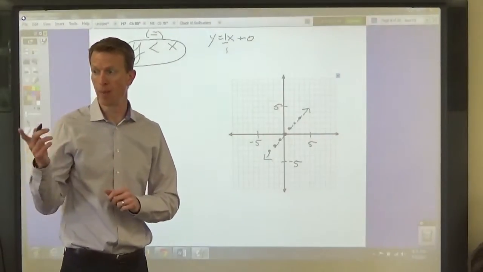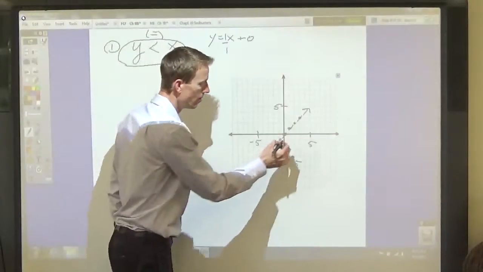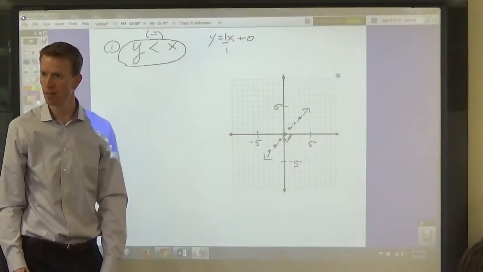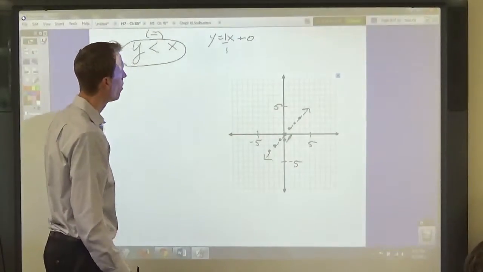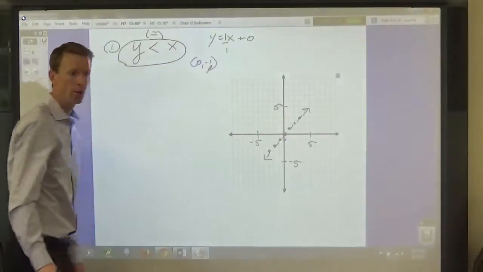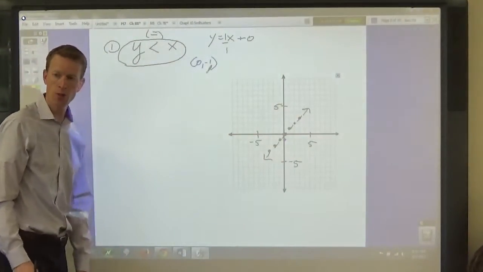So pick 0, negative 1. That would be right here. That's on a side, isn't it? So let's pick 0, negative 1. Now be careful that you substitute it in the right order. Does that make the inequality true?